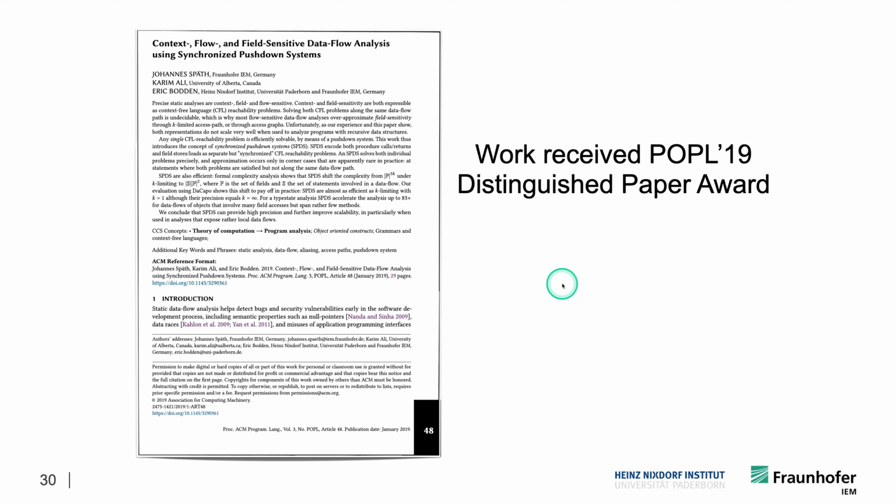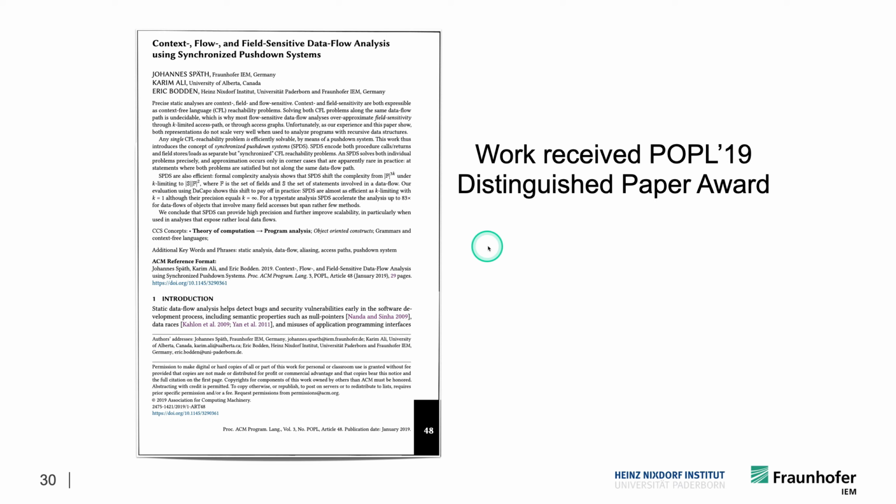This is because we were really able to show that using this kind of modeling, you can really get rid of this necessity that you would otherwise have to actually use k-limiting. So we can get rid of that particular approximation.